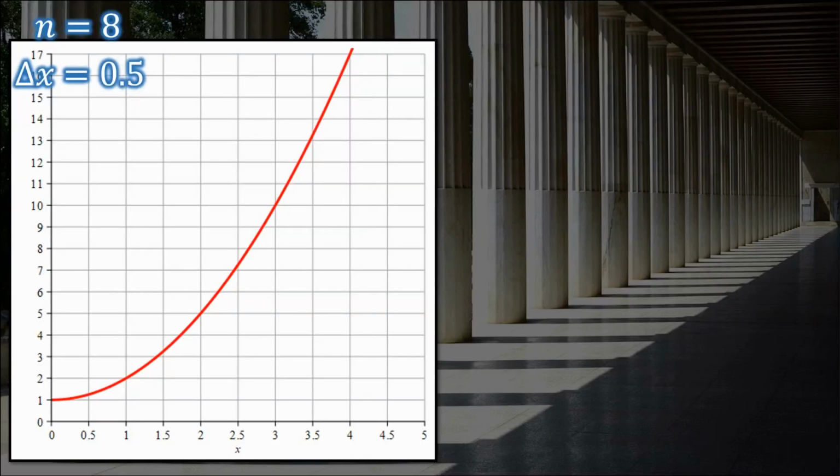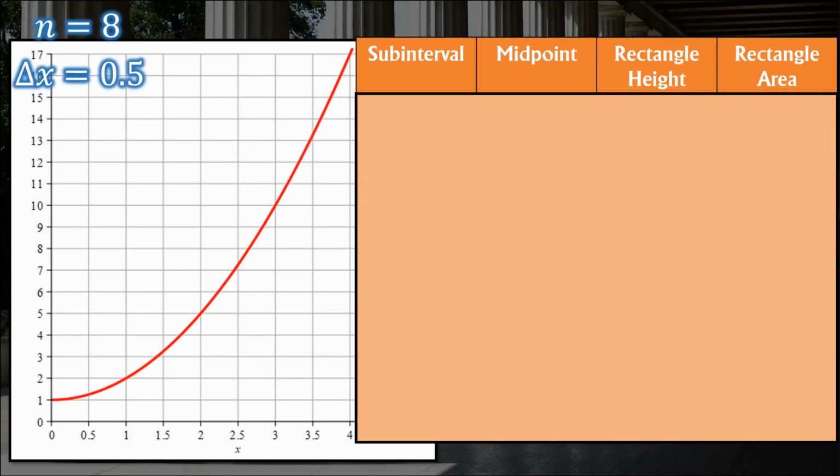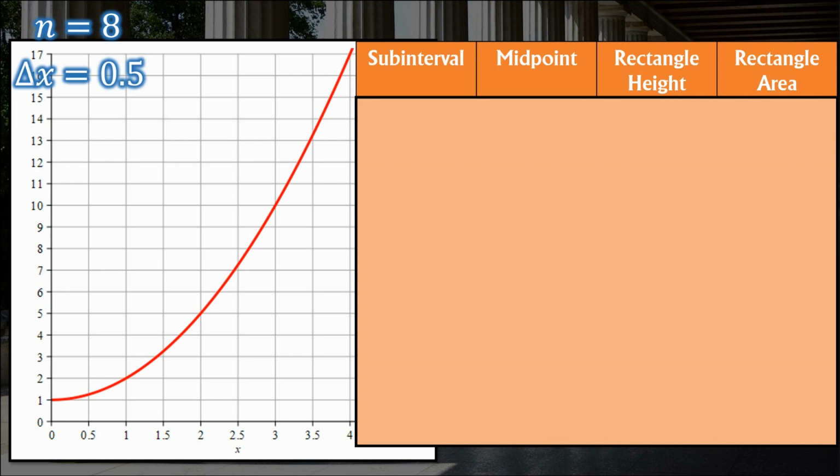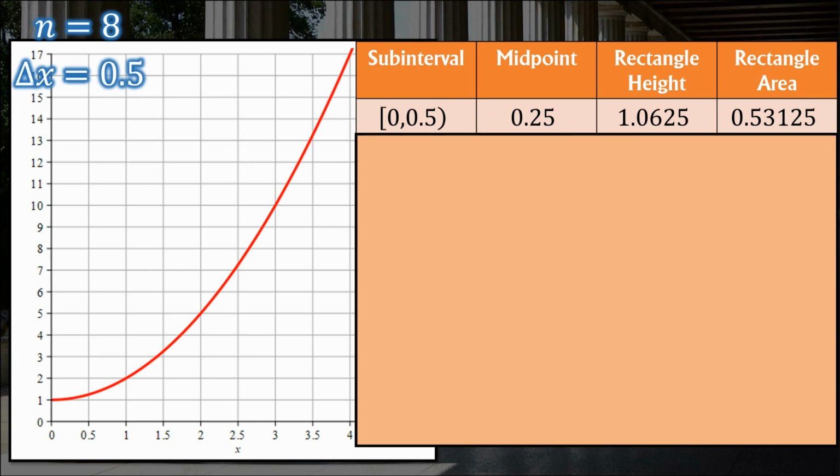So what did we do last time? Well, we've been talking about Riemann sums, and the idea here was cramming rectangles underneath a curve in order to approximate area.